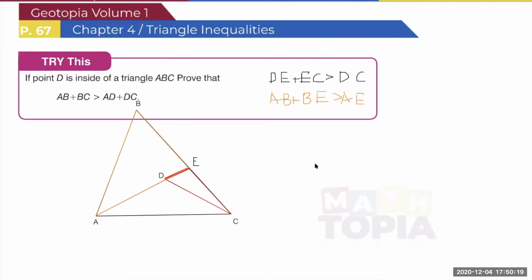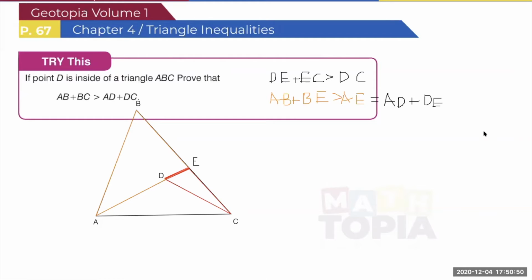So if we combine these two, we can divide this AE into AD and DE. Now AE is equal to the sum of these two parts, AD plus DE.